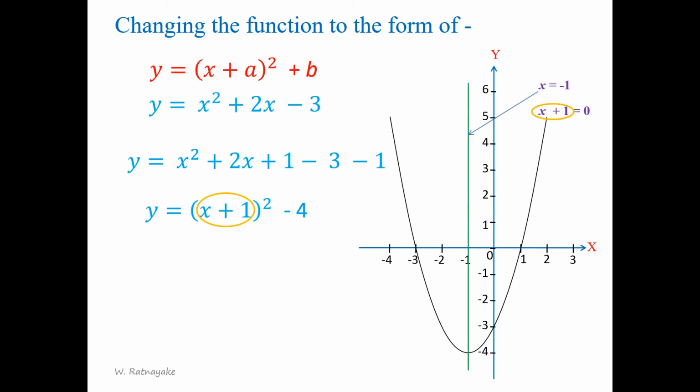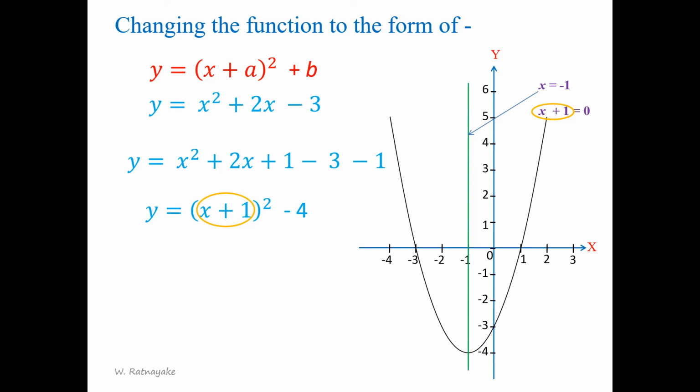If it is x + 1, the equation of the line of symmetry must be x + 1 = 0. Then we can make it x = -1 by taking x as the subject of the equation. And if the equation is in the form of y = (x + a) whole thing squared + b, x + a = 0 will be the equation of the line of symmetry.